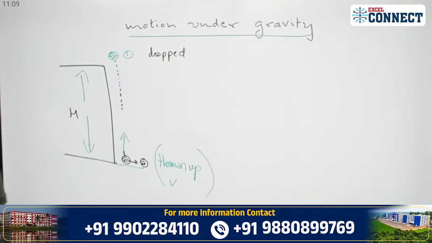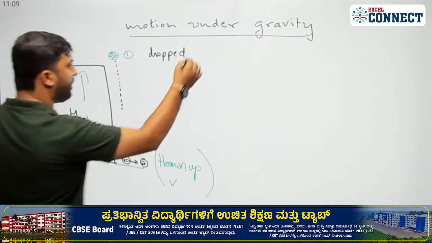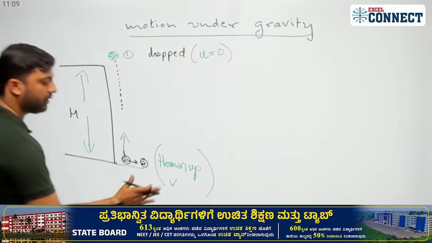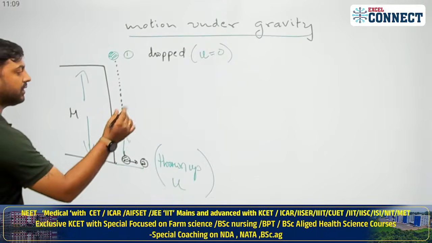What happens? One ball is dropped here. Dropped means initial velocity is 0. A second ball is thrown up with velocity u. What happens?